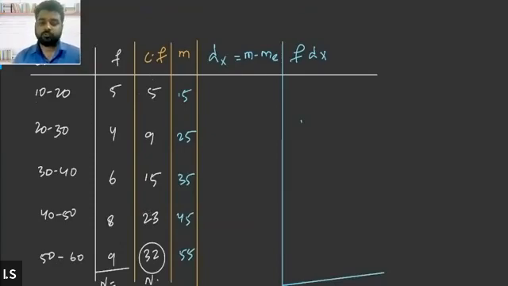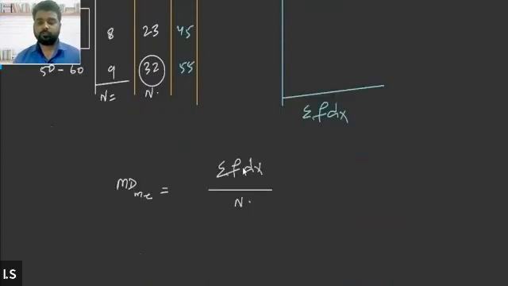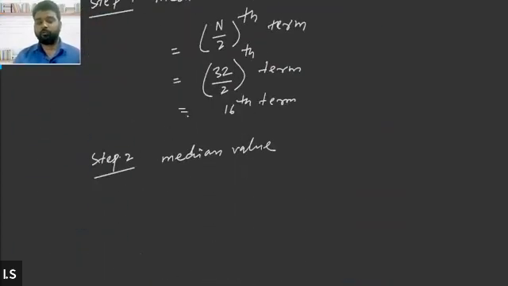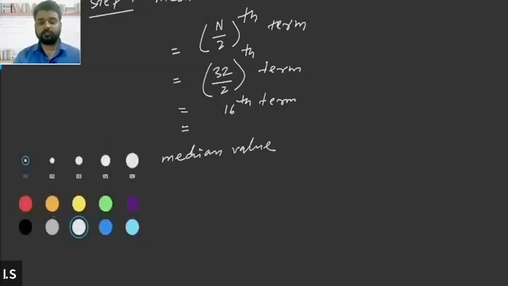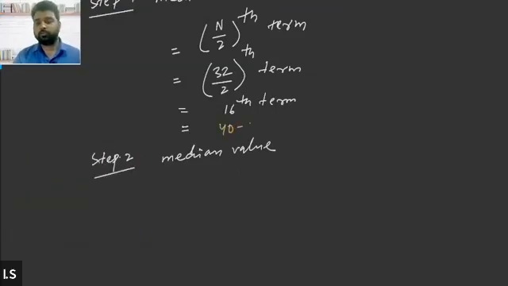Answer is no. So 16 will fall into 23. That means the class interval in front of 23 will be the relevant class interval. This will be our median class. We have applied this formula to find out the median class only. So the median class will be 40 to 50. Tell me, is this clear to you, Alexander?